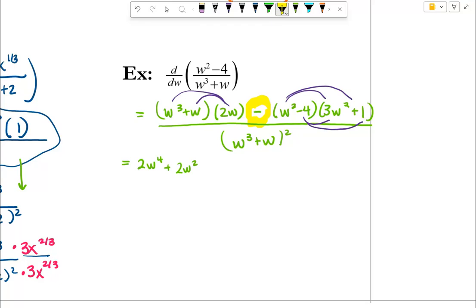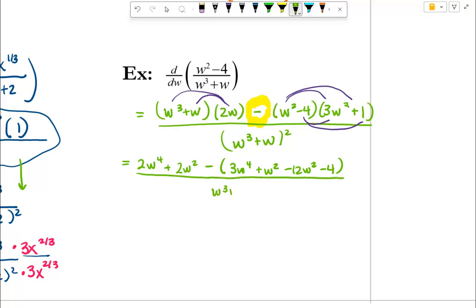So we either need to distribute that as we go or keep everything in parentheses and do that next. I'm going to leave the subtraction and put this next bit in parentheses. All right, so when we do w squared times 3w squared, we get 3w to the fourth, plus w squared minus 12w squared minus 4. All right, that's our numerator.